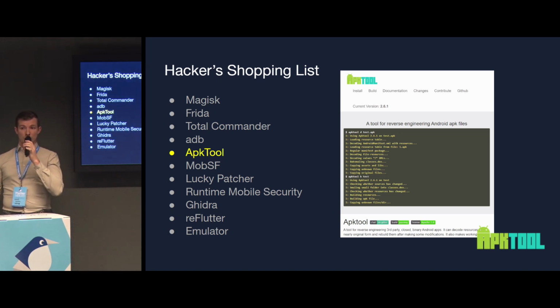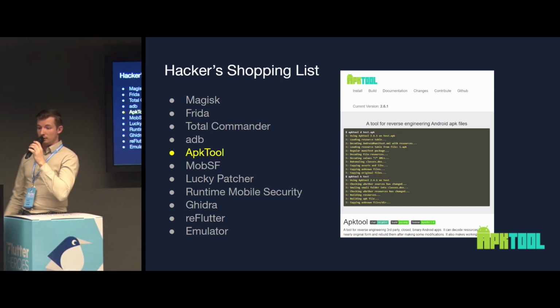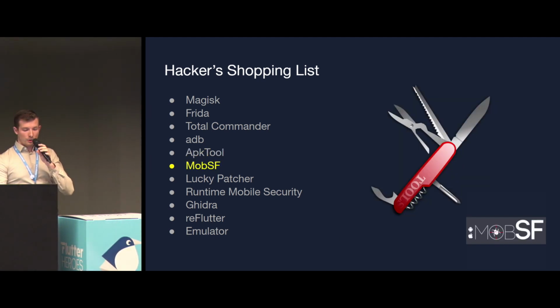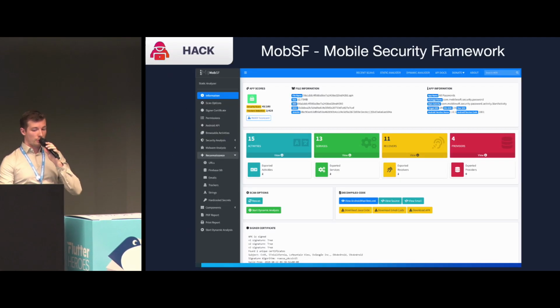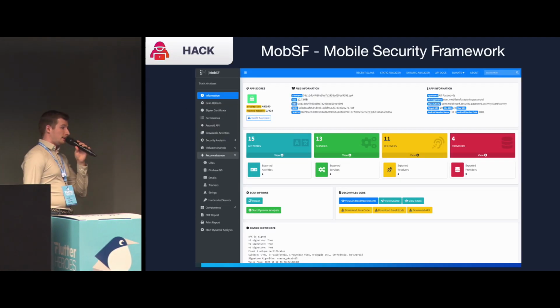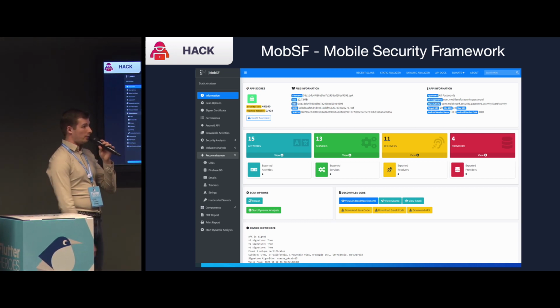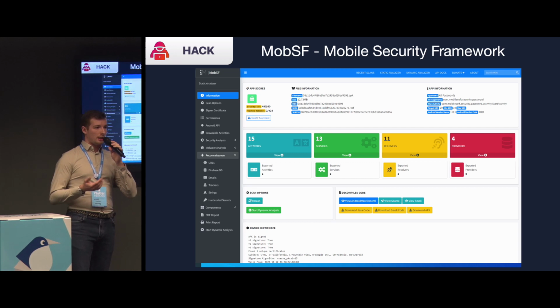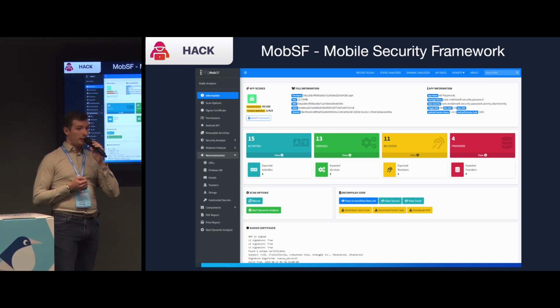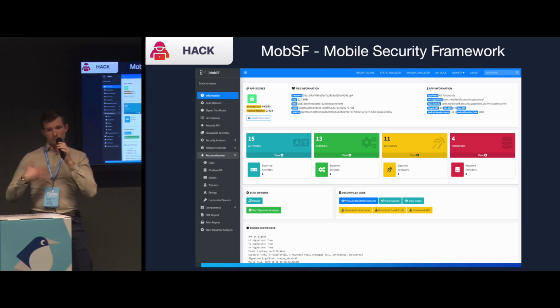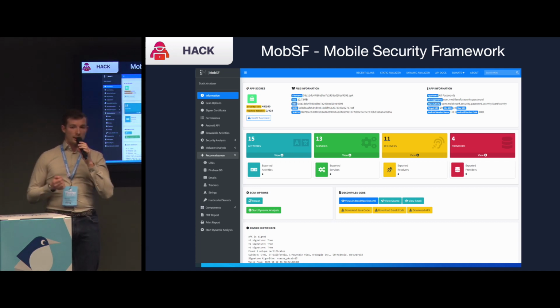Okay, and this is my favorite. It's like a Swiss knife for reverse engineering. It's Mobile Security Framework. It is a perfect reconnaissance tool whenever you need to check under the hood statically or dynamically what the application is processing. It can find you secrets, it can quickly help you find endpoints, servers, whatever the application connects to.